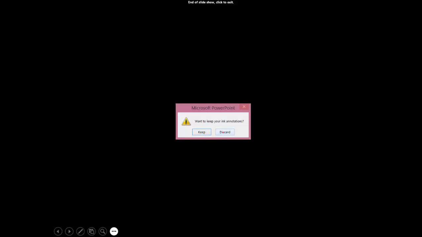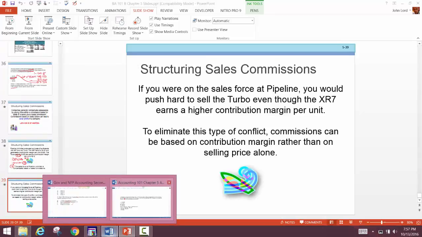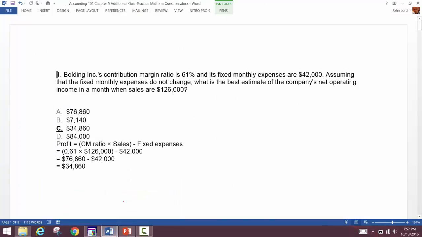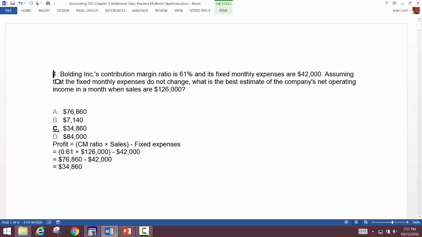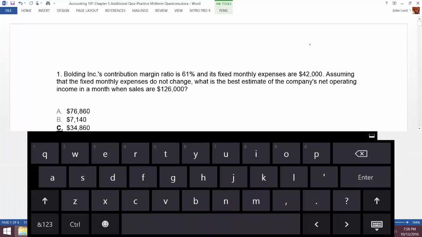I'm going to discard anything I did here. And our options are to go ahead. I won't make you go through governmental not-for-profit accounting. I don't think you want that. But we can go ahead here and go through these questions right now, or we can take the break right now and come back and go through these questions. Your option. I don't care.